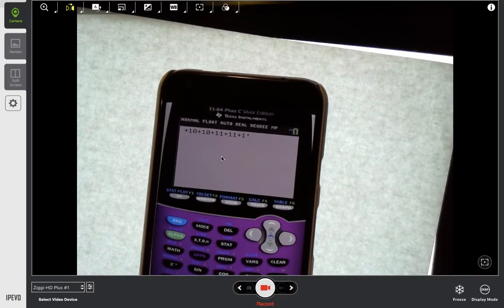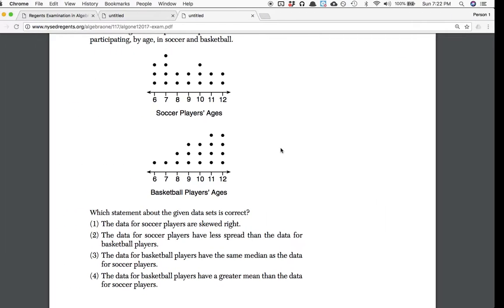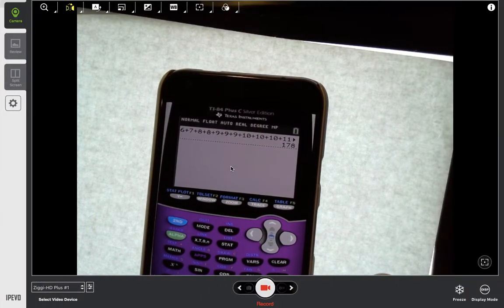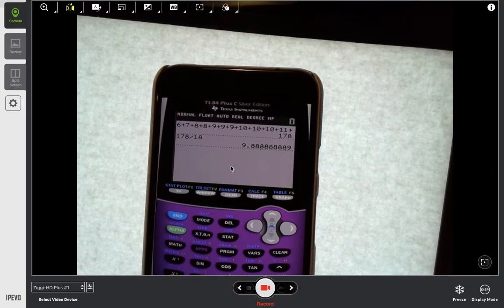You take that total and you divide by the number of things you added. There were 18 values. I'll take that number, 178, and divide by 18. The average age for basketball players is about 9.9 years old.